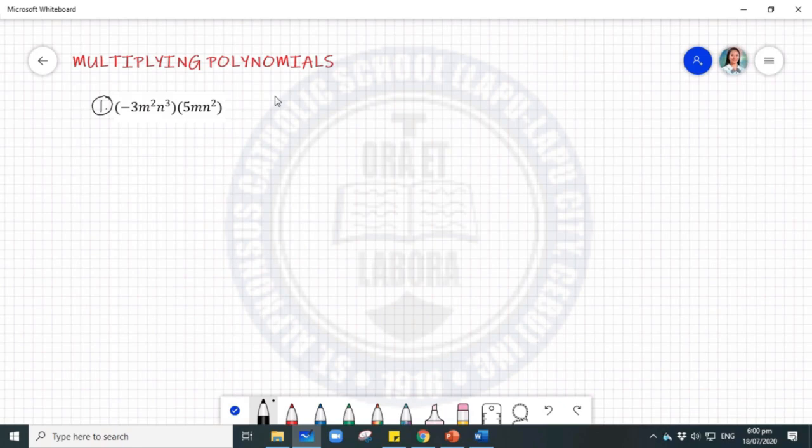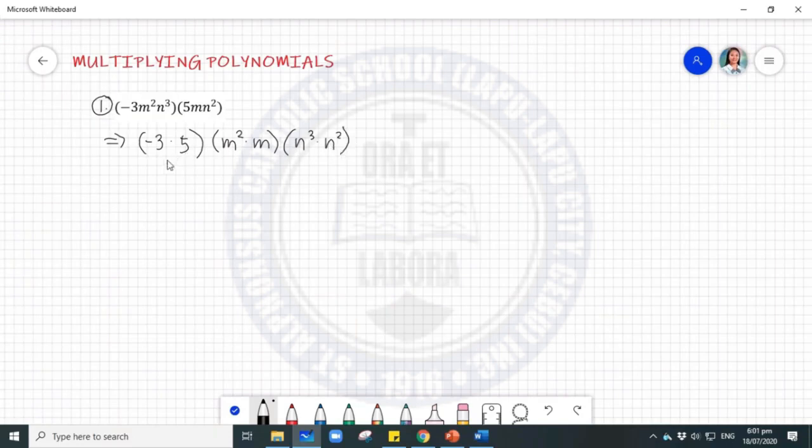In this case, the numerical coefficients are negative 3 and positive 5. So we will multiply them together, we will separate them, and same variables, m squared times m, and another one, n cubed times n squared.